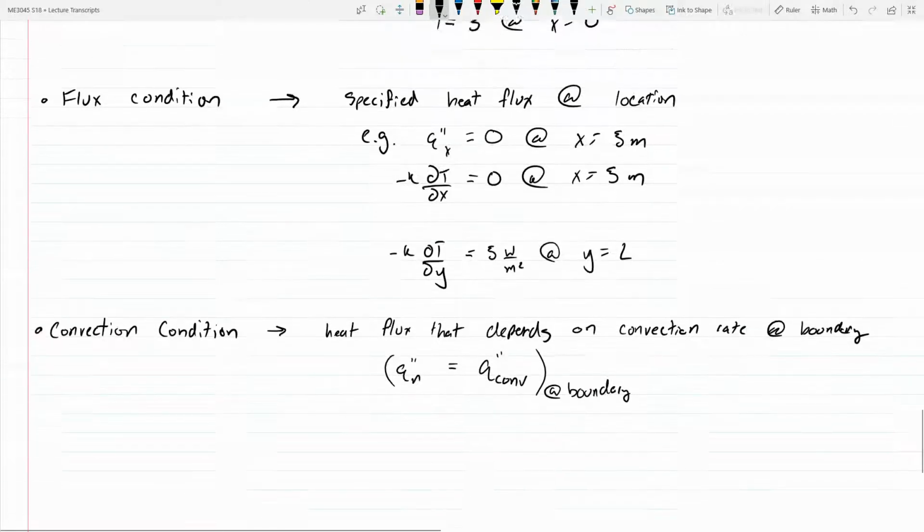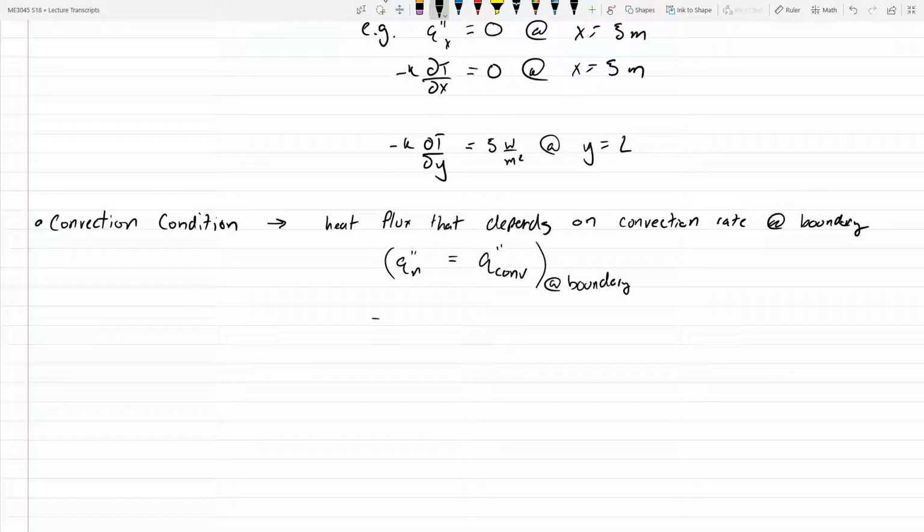So plugging in our rate equations for both of these, we can say then that negative k dT/dn is equal to h times (T surface minus T infinity). I've gone ahead and written this in terms of partial T partial n, because whatever coordinate system we're working in, this has to be the heat flux through that surface.